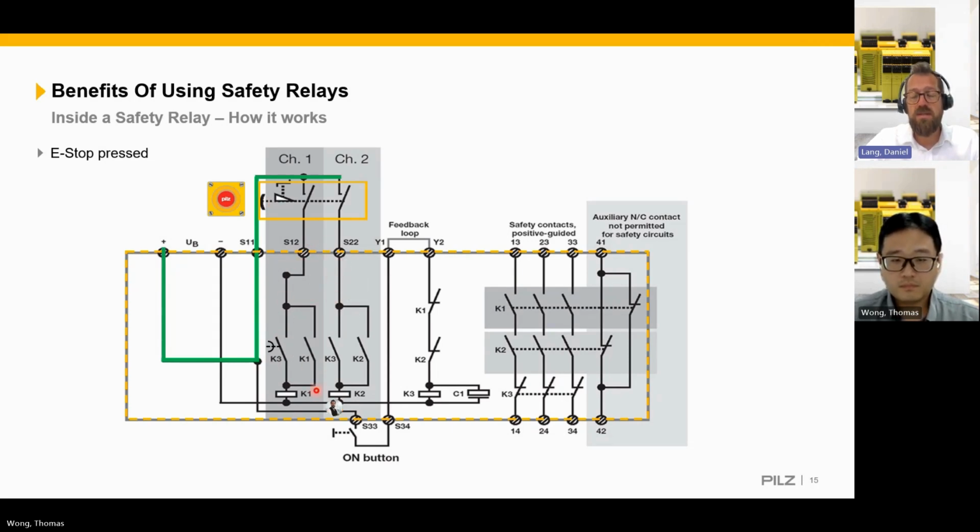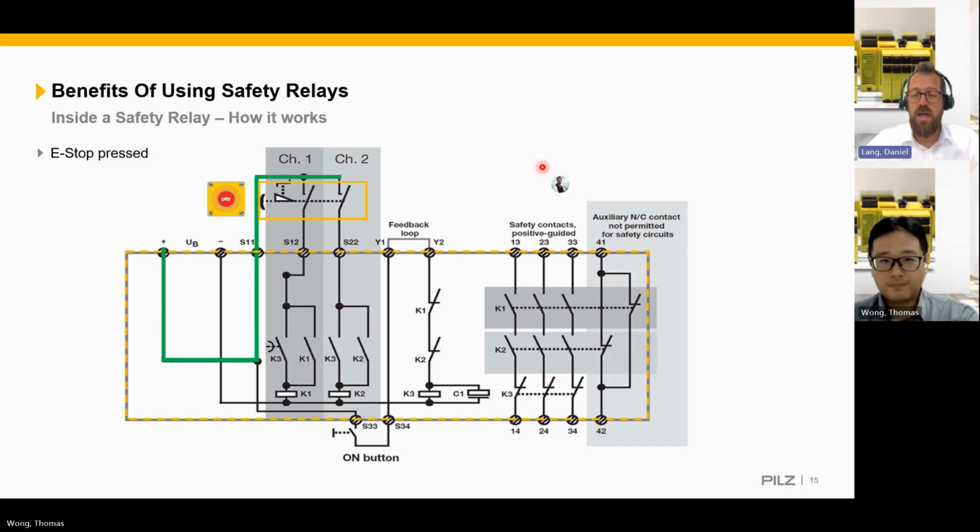Because of that, they de-energize and open every contact. So they open the K1 and K2 contacts. That's why the enabling path of the robot, saw, whatever, is no longer active, and the machine stops if everything is wired correctly. The safety relay is doing its work, its magic, let's say.